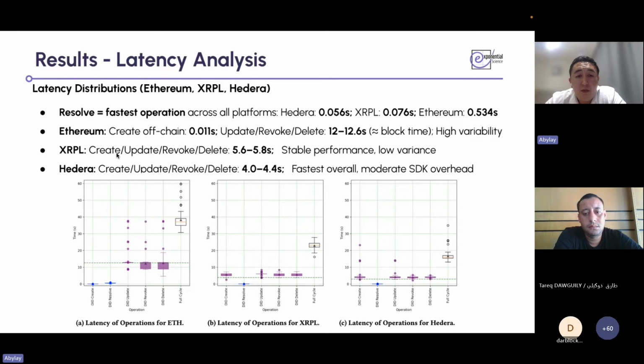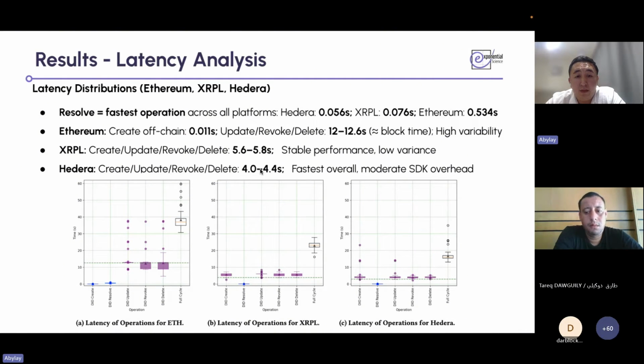In XRPL, we have 5.6 to 5.8 seconds for on-chain operations. It showed stable performance and low variance. As you can see from the figure on the left, in Ethereum we have huge variance, high variability.